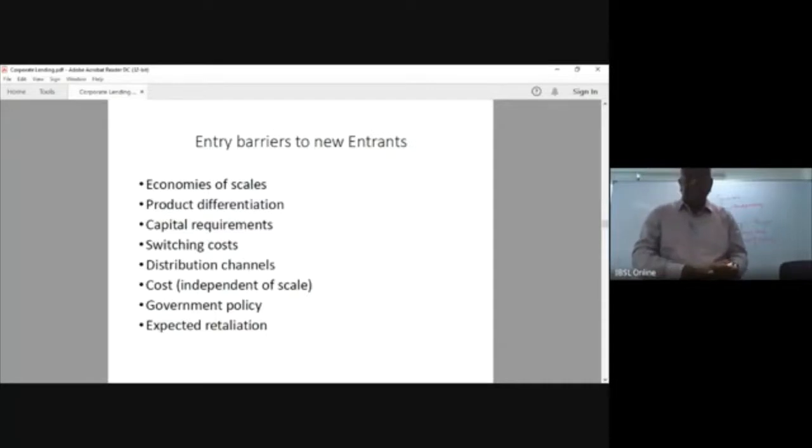Economies of scale, product differentiation, capital requirement, switching cost, distribution channel, cost independent of scale, government policy, expected retaliation. These are the entry barriers to a new entrant, and they indirectly prevent an increase of competition.